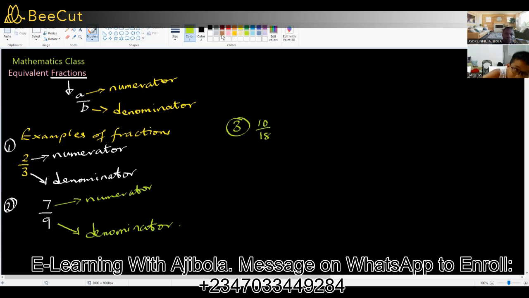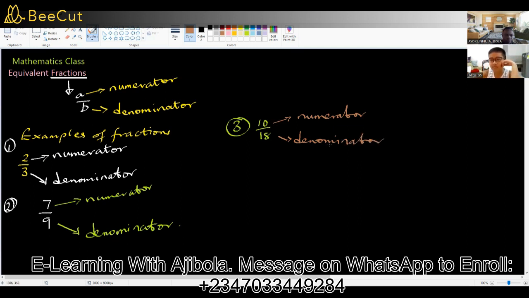So in your fraction, what is the numerator? In number 3, what's the numerator? 10. And what is the denominator? 18.